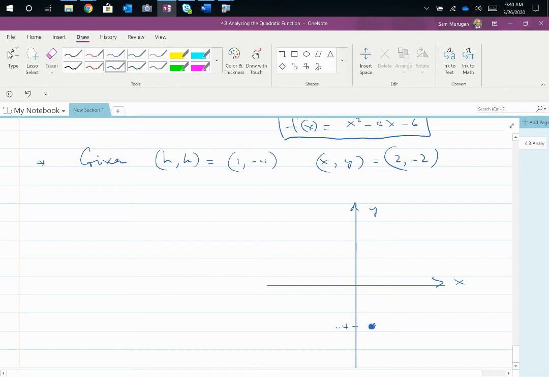Vertex is here, and a point at positive 2 and negative 2, somewhere about here.